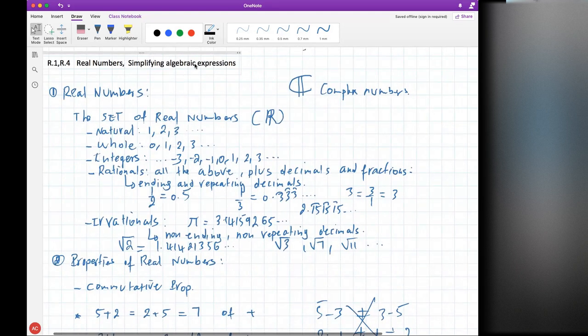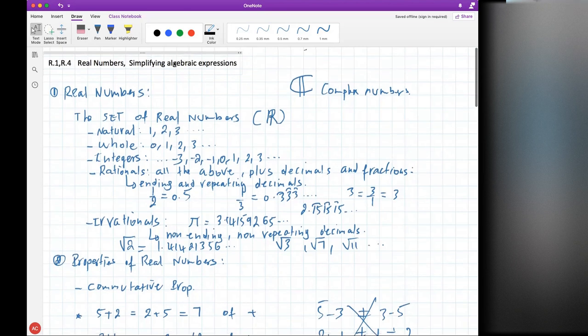Now we're going to move on to algebraic expressions. And we're going to see how to simplify them using the properties that we just explained. We're going to see some applications of that. We're going to see basically these properties in action when we deal with algebraic expressions.